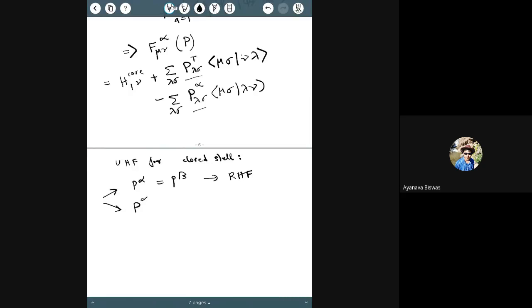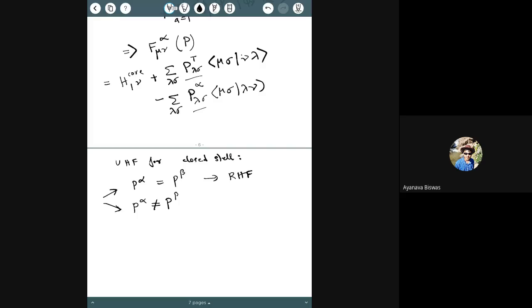However, it may turn out that P alpha is not equal to P beta, even for the closed shell. So is this the correct solution or is this the wrong solution? Now, this we do not know perfectly.